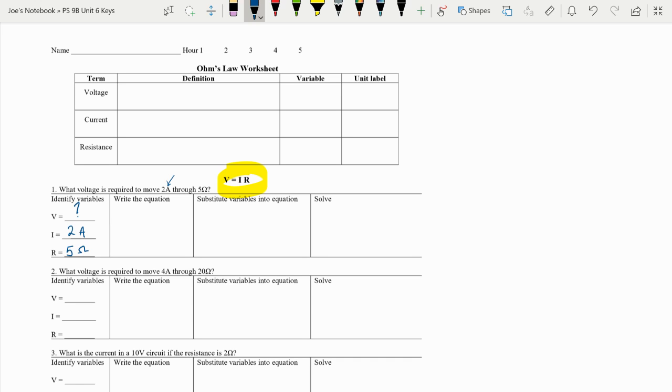We'll take Ohm's law, write the equation, V equals IR, and substitute the variables into the equation. So V, because we don't know it, is still V. Our I now becomes 2 amps, multiplied by our resistance of 5 ohms. When you take 2 times 5, and amps times ohms, we get an answer of V equals 10 volts.